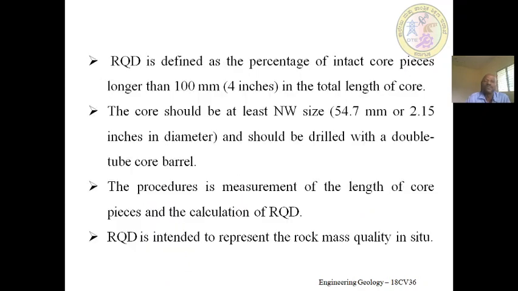So RQD is defined as the percentage of intact core pieces longer than 100 mm, that is 4 inches, in the total length of core.